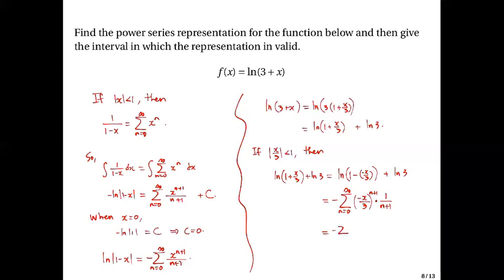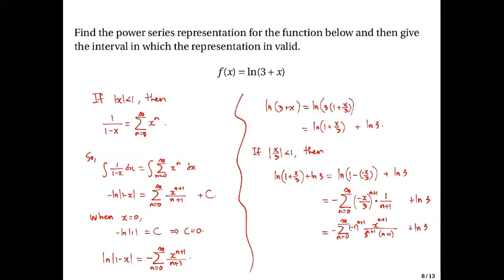You have negative sum from 0 to plus infinity of negative 1 raised to n plus 1, and then x raised to n plus 1 divided by 3 raised to n plus 1 times n plus 1. But don't forget this plus ln of 3 here.